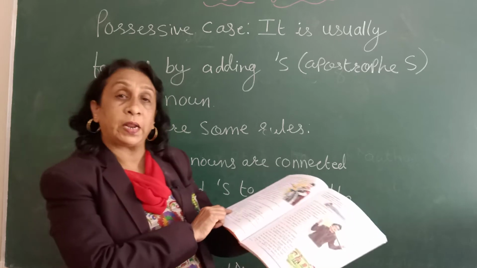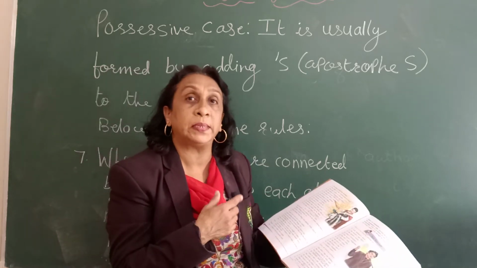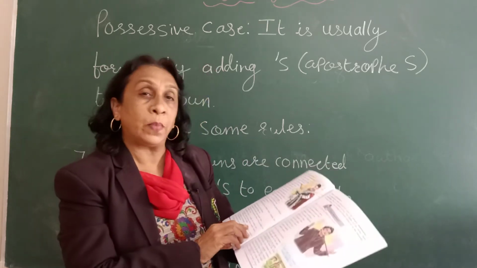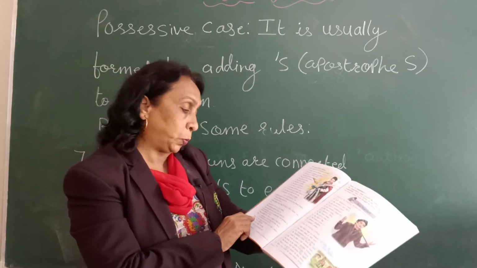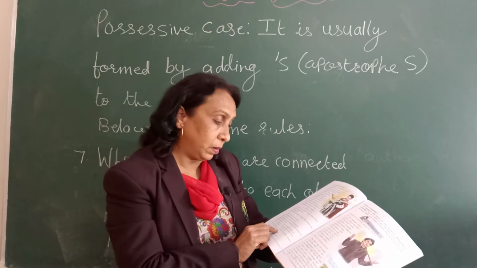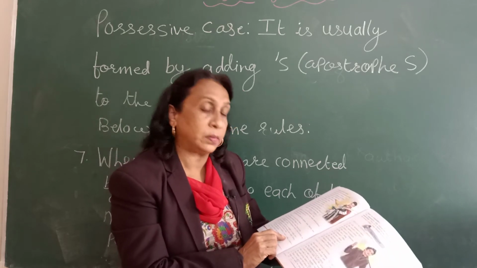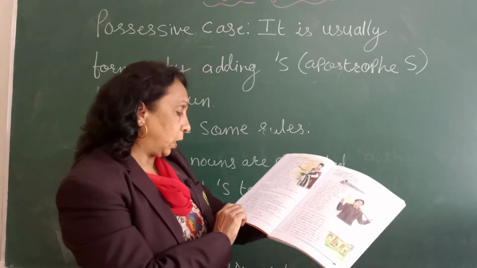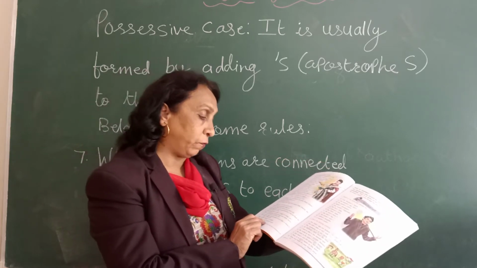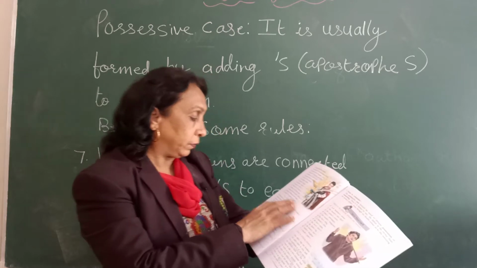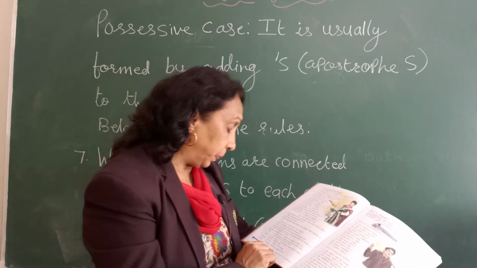For time, a day's journey or 3 months' leave or 1 month's vacation. These are all related to time. Now space: a boat's length, hair's breadth, a razor's edge. For weight, a pound's weight; value, a shilling's worth or 5 pounds' worth. So these are the 4 examples given on page number 6.